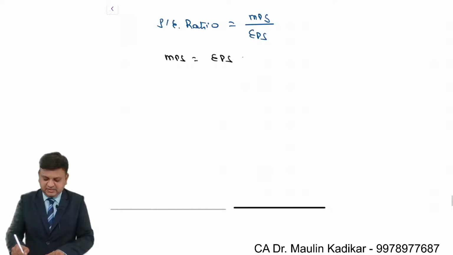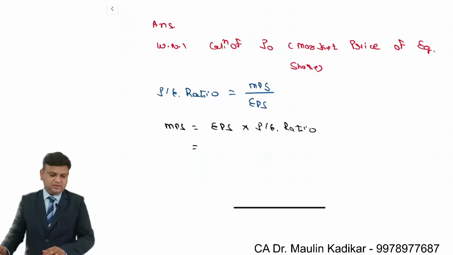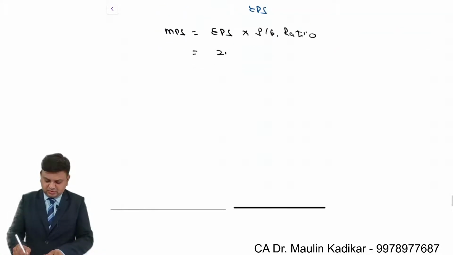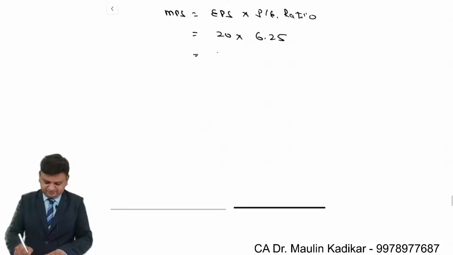So MPS is EPS into price earning ratio. Please add the answer along with me. There is nothing new. Earning per share is 20, dear students, and price earning ratio is 6.25. 125 rupees.